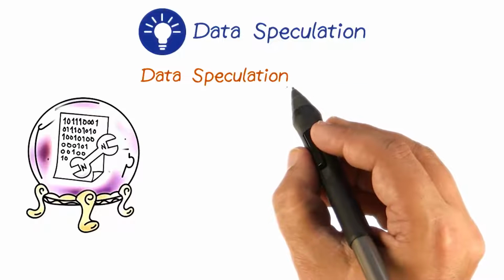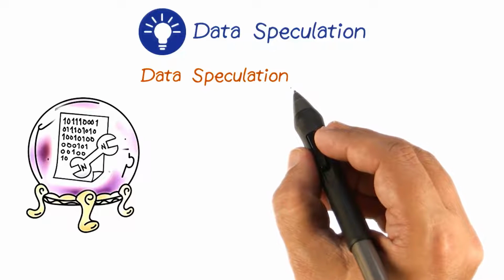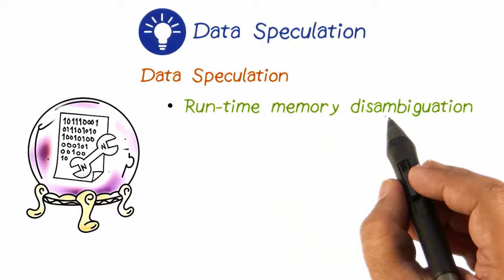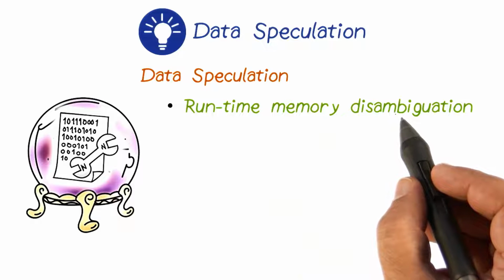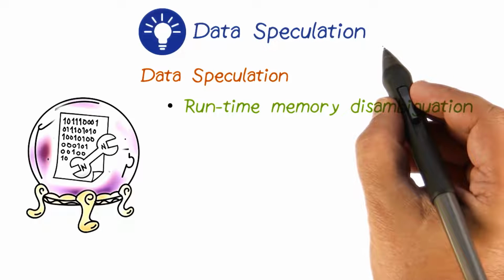Now let us turn our attention to another important part of speculation called data speculation. So what is going on in data speculation? Remember, data speculation is mainly used for making sure that the current value of data that I have loaded from memory is in fact the right value.